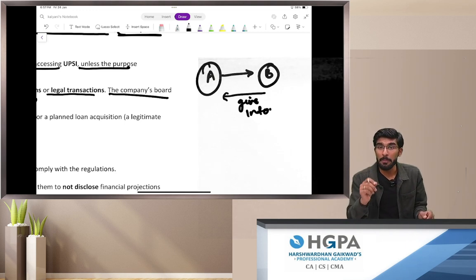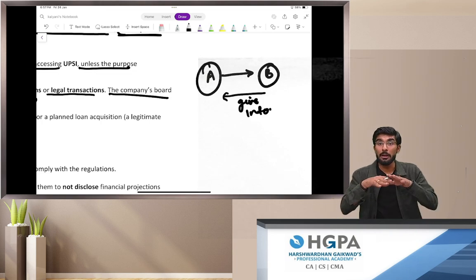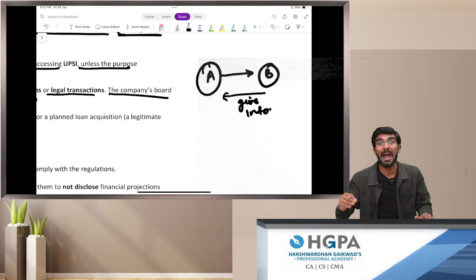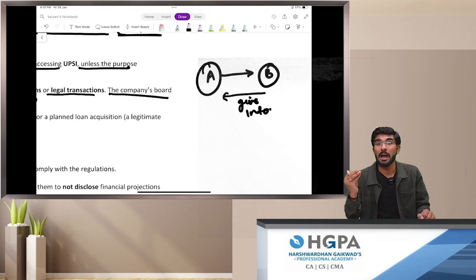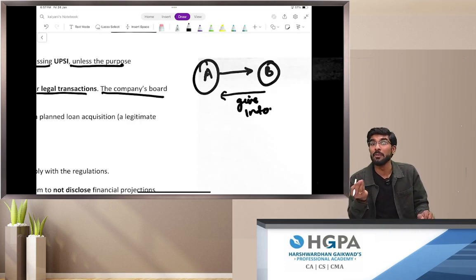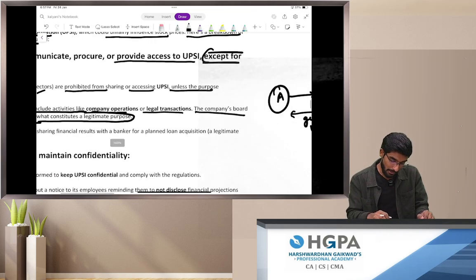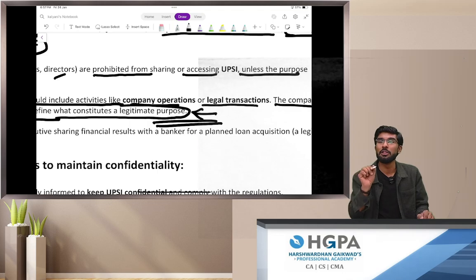The purpose of communicating this price sensitive information is so that the acquisition can happen smoothly. Whatever information is required by the acquirer is obviously required so that the transaction runs smoothly. So this type of information communicated to the acquirer is called a legitimate purpose.